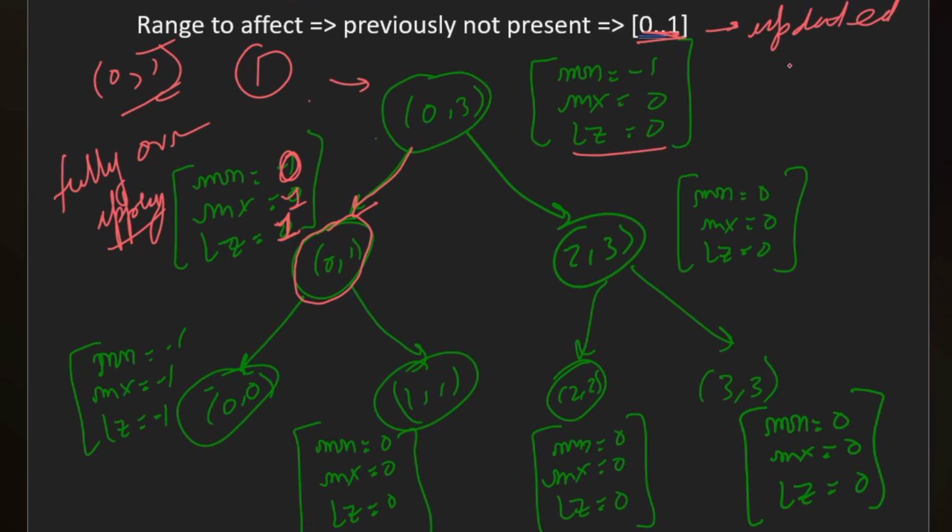Now what we do is we will find an index L in range 0 to 1, such that A of L is equal to 0, right? So first of all, our range is 0 to 1, so we come here. So we see, is it a case of no overlapping?